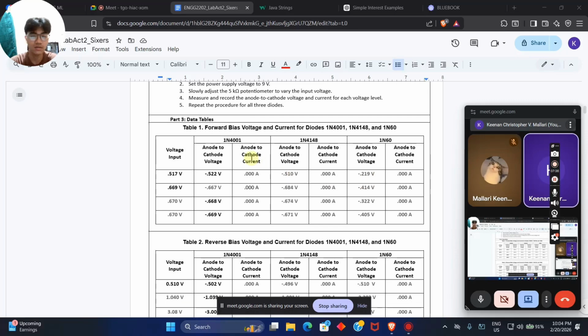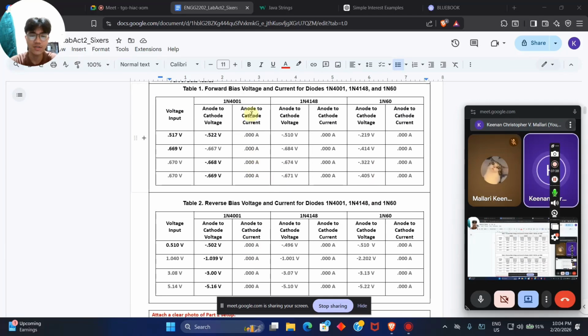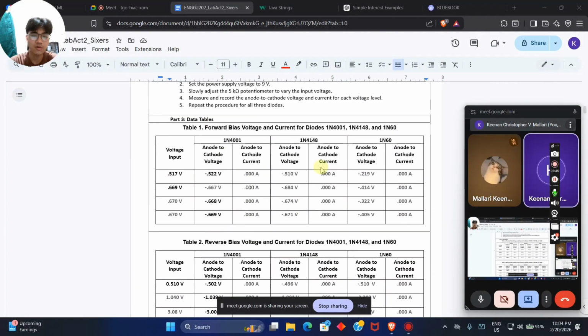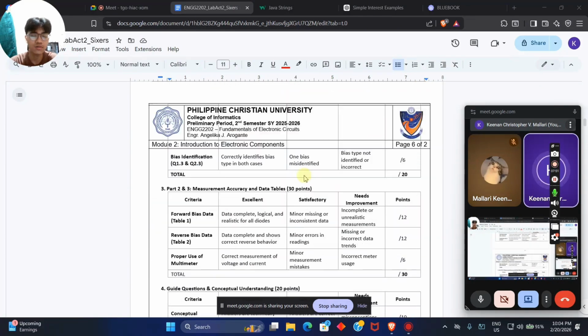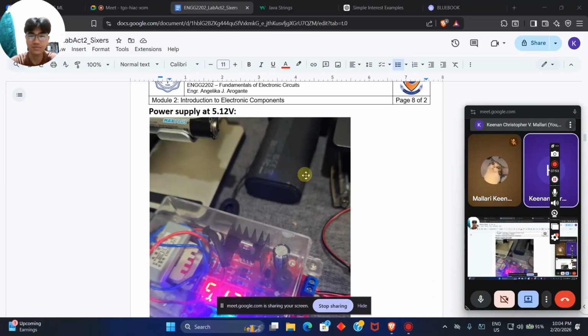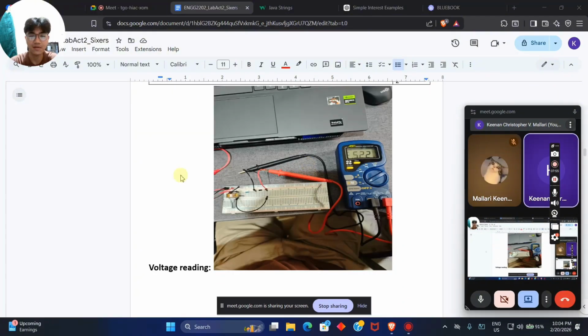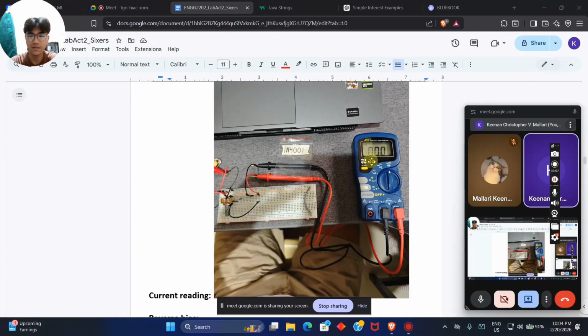All right. Since every single table of every diode, forward or reverse bias, shows 0.00 amperes, I'm going to show you only one picture of it. Here's the reading on the multimeter.